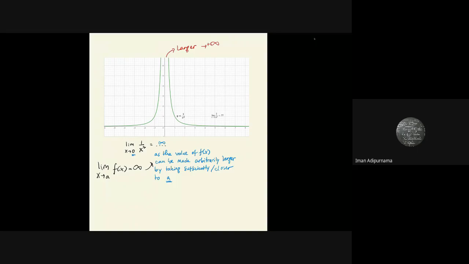I want to make a distinction between undefined and infinite. If f of x is 1 over x squared, you want to say infinite, but actually in our case here, we say it's undefined.